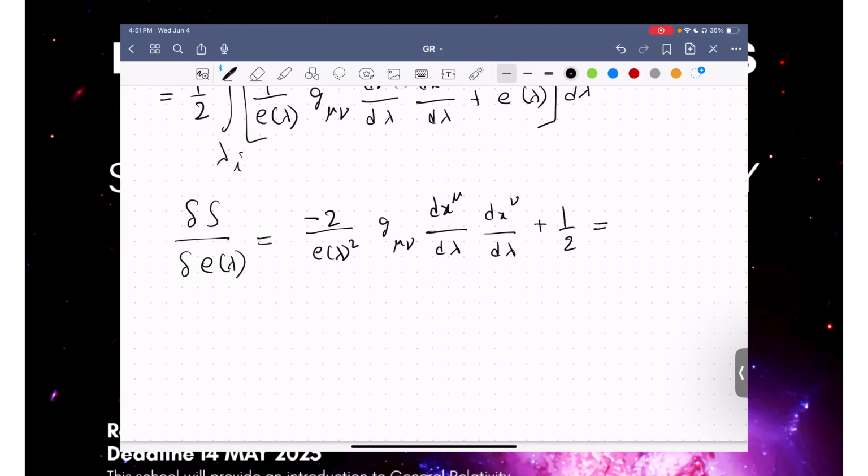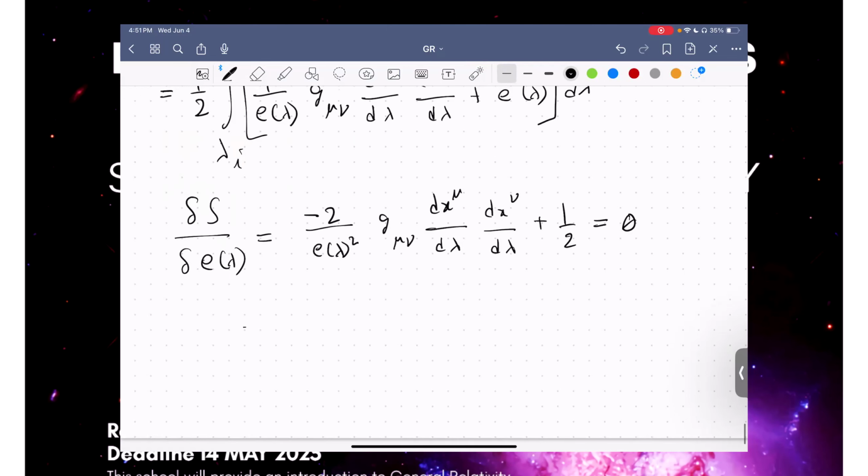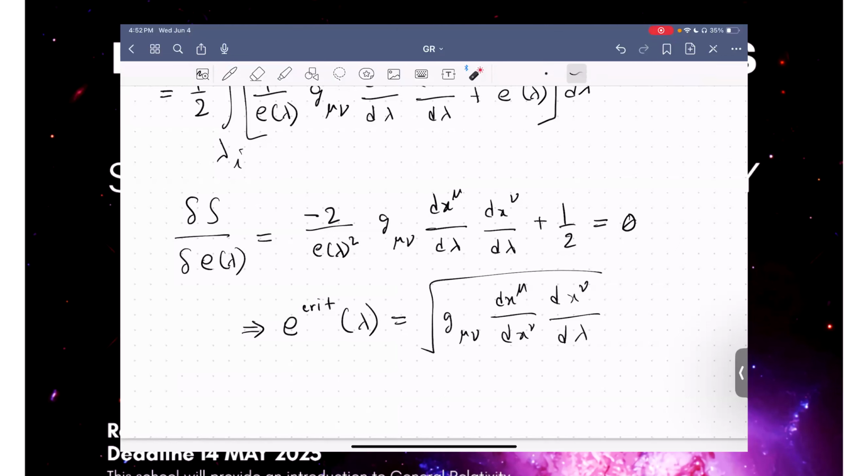And when we're extremizing, we set the functional derivative to 0. So this tells you that this functional S is extremized with respect to e when e takes this particular critical value. I'll write it as e critical, and that critical value is, I mean, we just solve this equation for e. So you have the square root because here you have e squared, and then you just have this.